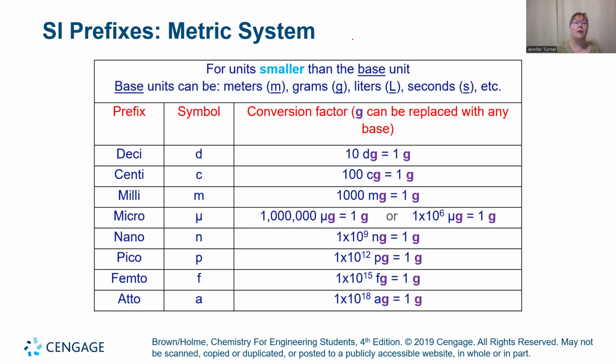All right, now we are into slide 17. There are different ways of showing the metric system. All of these that I have listed here are smaller than the base unit. Here I have just used grams, but you can put in any of these: meters, liters, seconds.